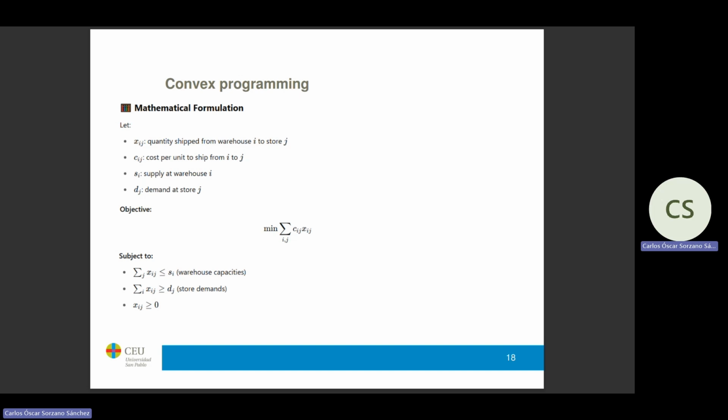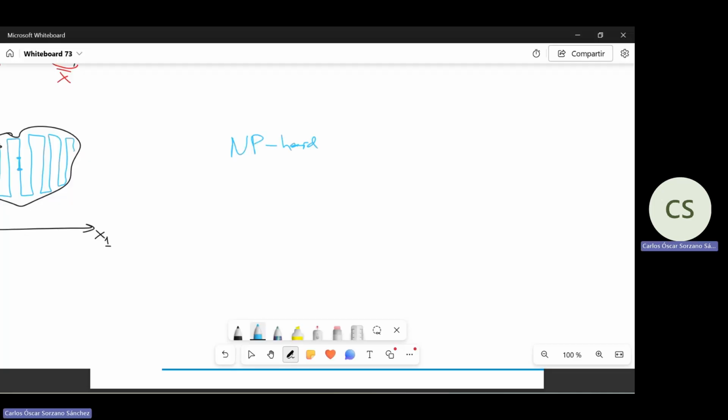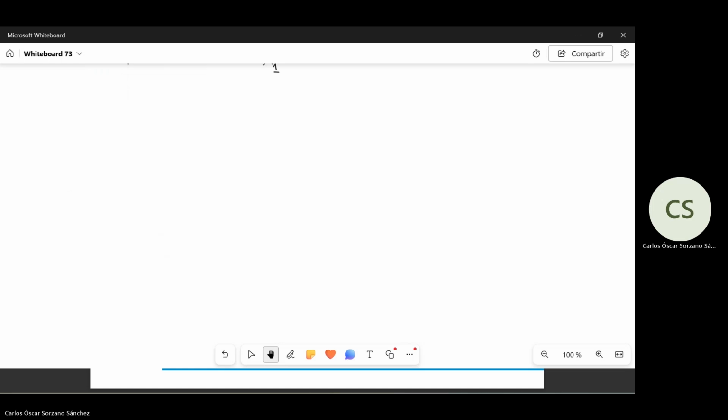And this kind of constraints here, you can translate them into linear constraints.